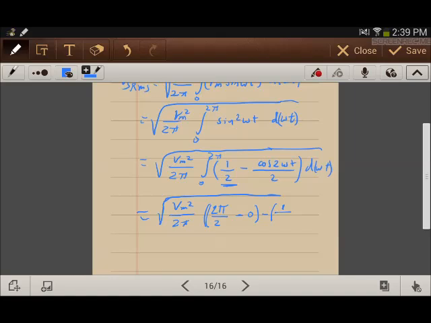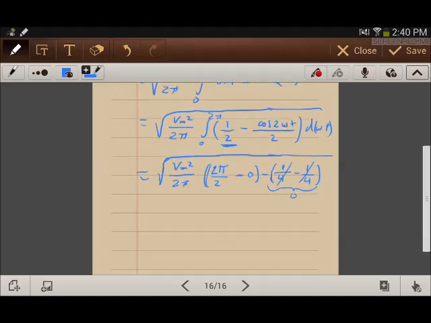So it will give me 1 over 4 minus cosine 0 is 1. So it will give me 1 over 4. So this will cancel with this, so it's 0, this term. The only term remaining is this one.